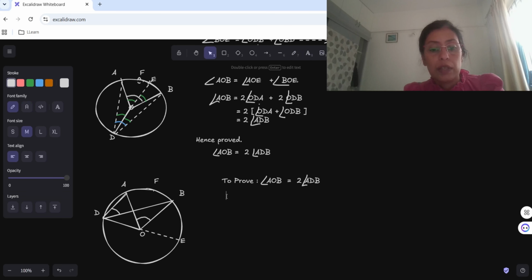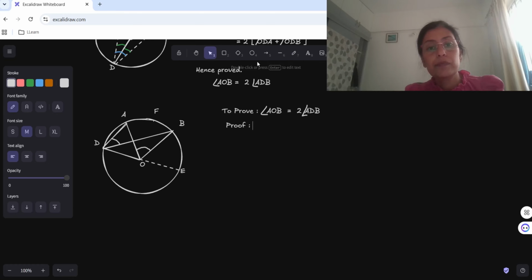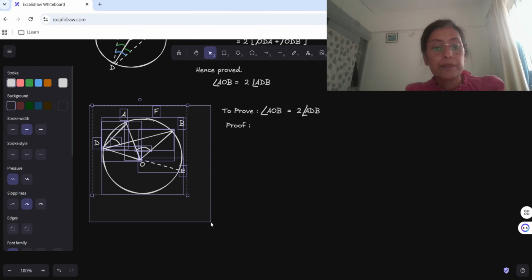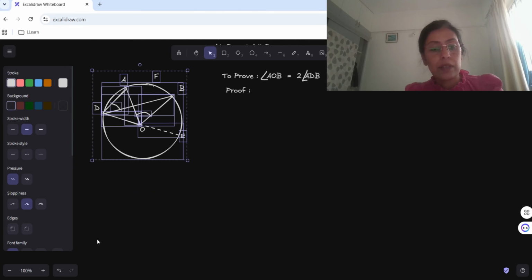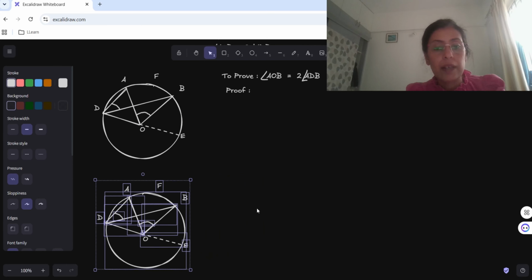So let's start now. How do we start? Here what I should do is I'll copy this circle, this entire diagram, and just like we did earlier, I'll remove the extra parts so that we see one triangle at a time.